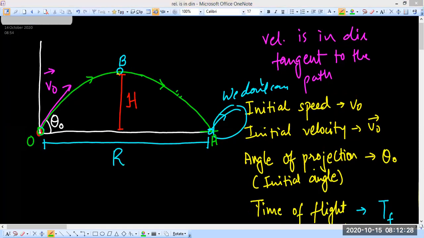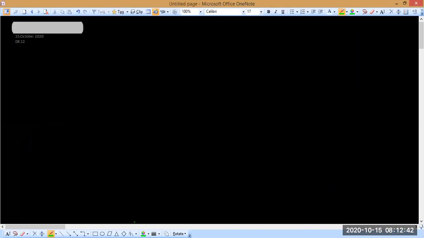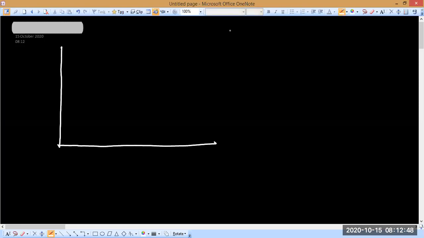Okay, now the first and very important and very basic thing to this whole topic is making a list of what we know. Okay, let's start. So as usual, let's say that there's one x-axis and there's one y-axis, right? Right now we are just considering that we are throwing from the ground or something, all right?